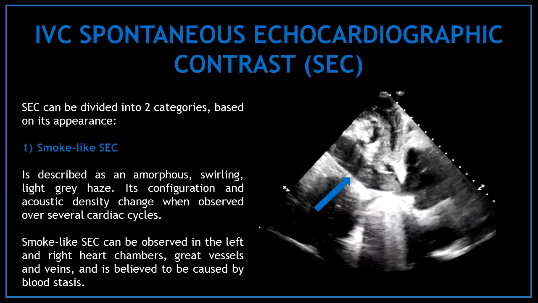Its configuration and acoustic density change when observed over several cardiac cycles. Smoke-like spontaneous echocardiographic contrast can be observed in the left and right heart chambers, great vessels and veins, and is believed to be caused by blood stasis.